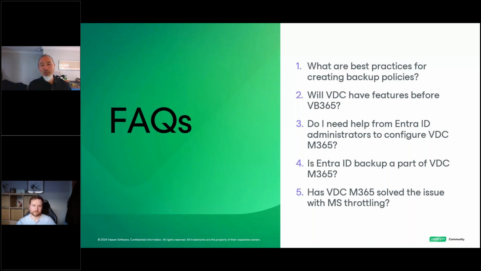So, what are some of the best practices for creating backup policies on VDC? So I would say you want as few backup jobs as you realistically require. There's always going to be a balancing act of how many users you have, how many SharePoint sites you have, and trying to protect that whilst making it easy to manage.